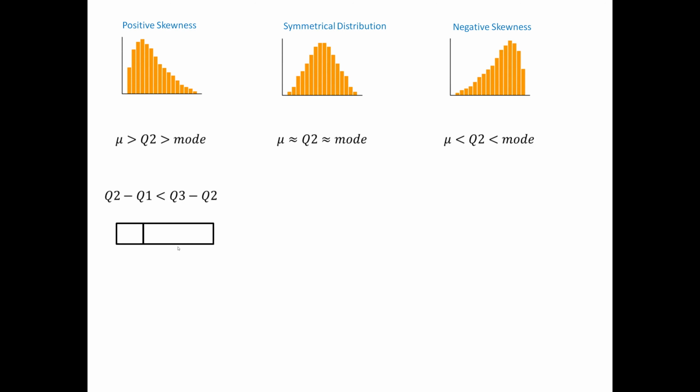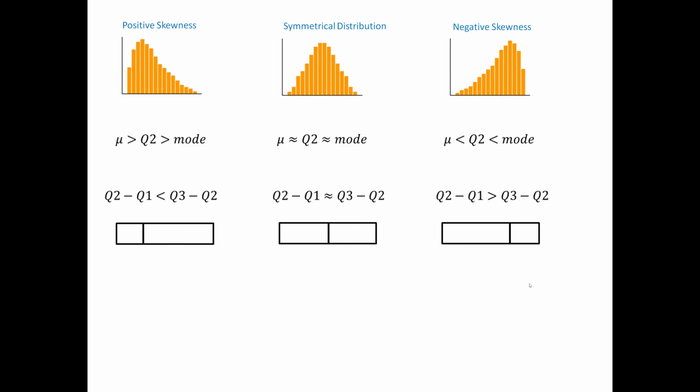On a box plot, if Q2 minus Q1 is less than Q3 minus Q2, the median is towards the low end; you can see it mirrors what's going on up here. For symmetrical, they'll be roughly equal, and you'll get an even box. Whereas if you've got negative skew, Q2 minus Q1 will be bigger than Q3 minus Q2, so data more towards the high end.